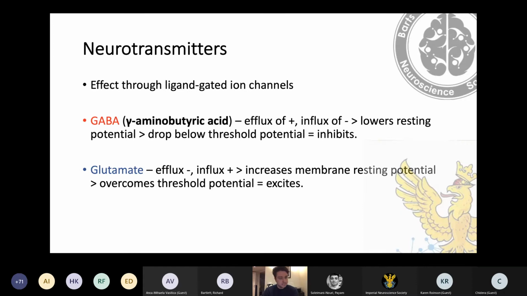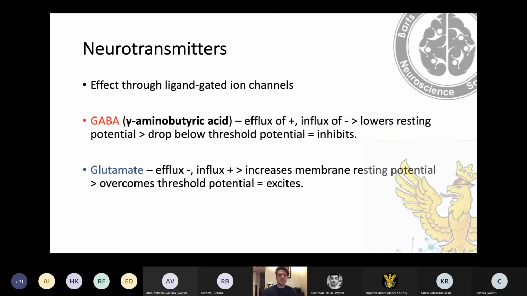Glutamate does quite the opposite. You get an efflux of negative ions, so we'll think of things like chloride again, and you'll get an influx of positive things like sodium, potassium, calcium in particular. And you'll get an increased resting potential. And that, over time, if you do it enough, will overcome the threshold potential. You'll overcome the action potential requirement, and you'll get an excitatory effect.